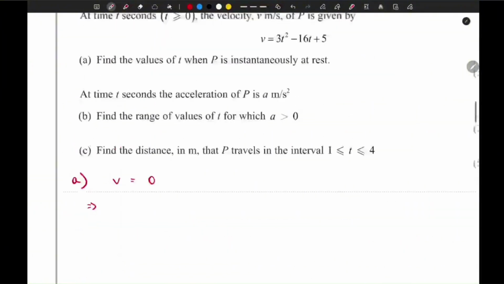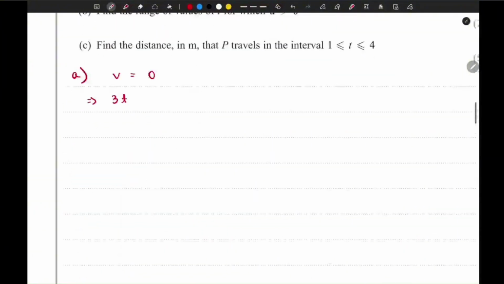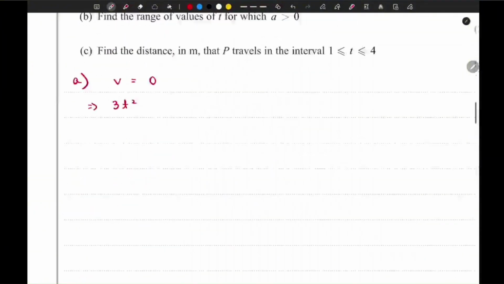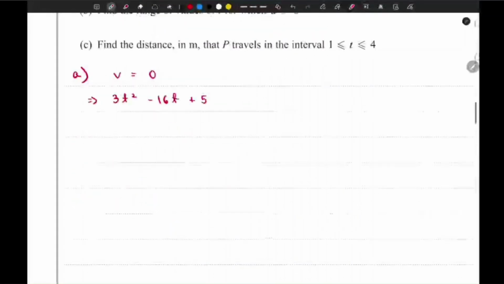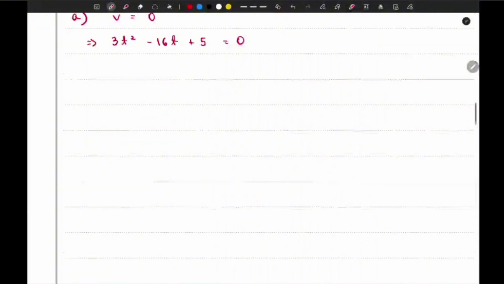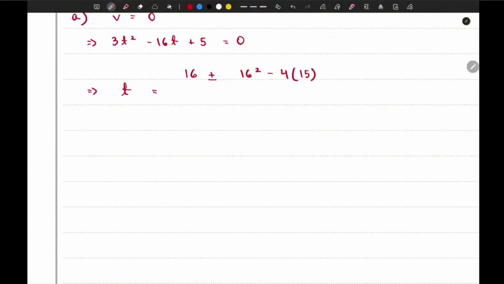So this is 3t squared minus 16t plus 5 equals 0. So if we solve this using the quadratic formula, this will be 16 plus or minus the square root of 16 squared minus 4ac, which is 60, divided by 2a, which is 6.